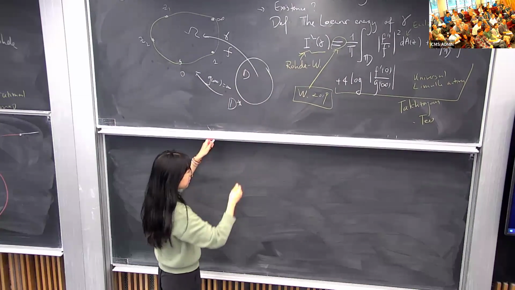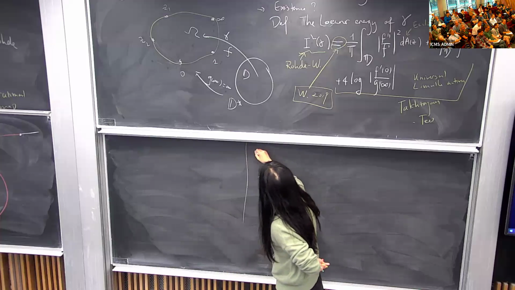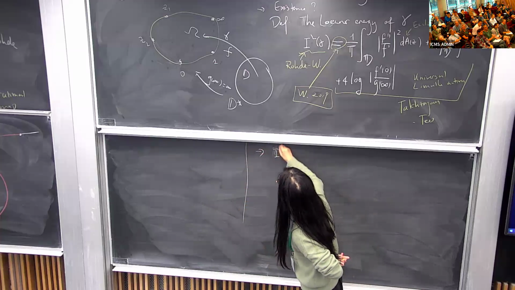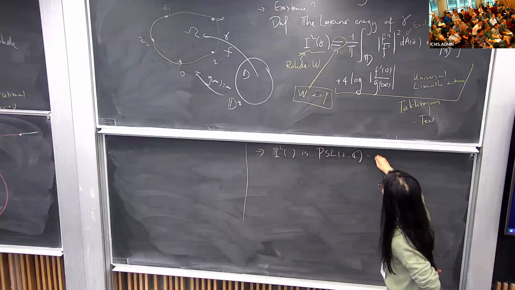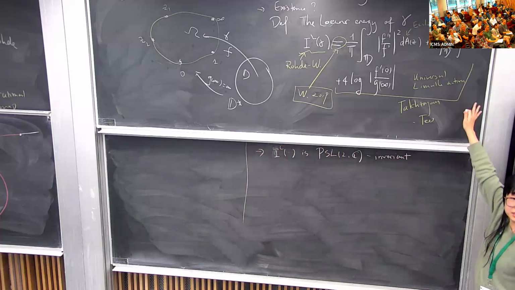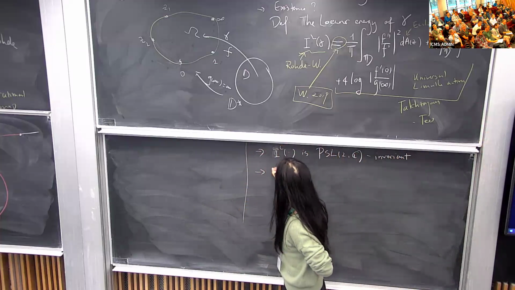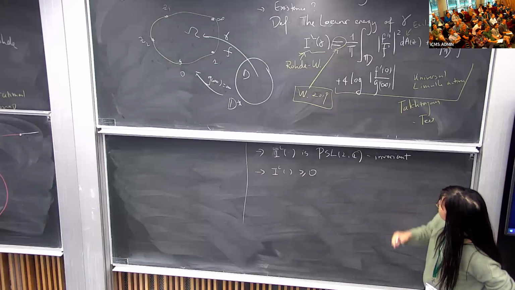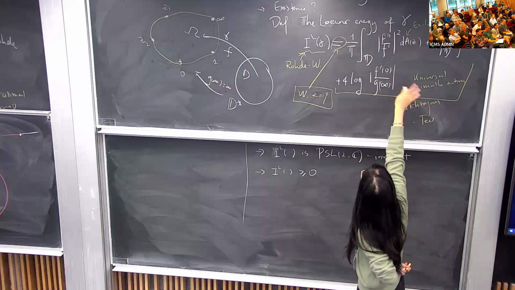This functional has attracted a lot of attention, so let me give you some properties of it. First of all, this is PSL2(C) invariant. You may try to prove it, but it's not so obvious actually. This quantity is always non-negative. Also not so obvious from this expression, because actually this term is negative and the other two terms are positive.